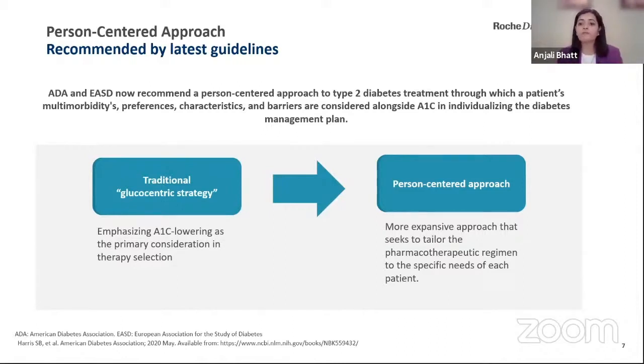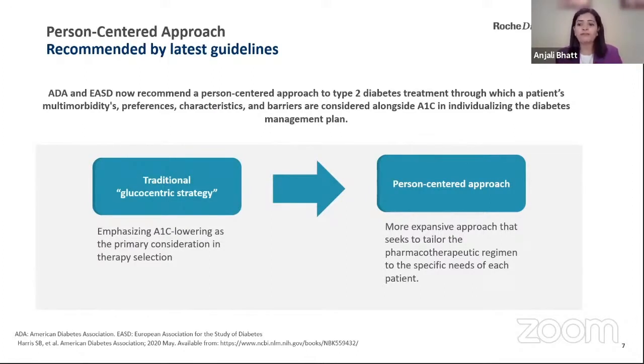If you have seen the recent guidelines by both of these bodies, they have not only asked us to personalize the lifestyle management, the nutrition, and the exercise pattern, but also the medication. Previously, n number of medications were given, and it was left to the physician's discretion to choose one of them.